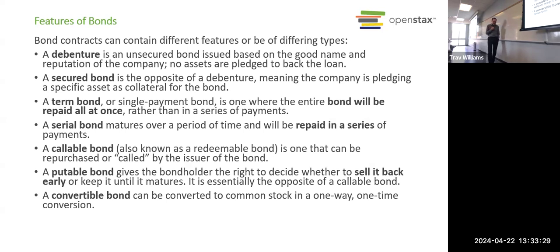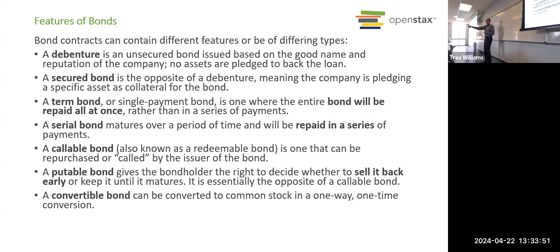Because I'm the corporation. And then interest rates go down. So I decide I could go and sell bonds at 4%. Why should I pay you 5% when I could go find another investor and I only have to pay them 4%? So I'm going to call back your bond.